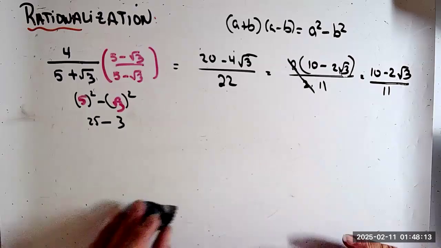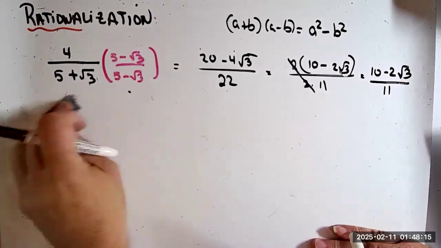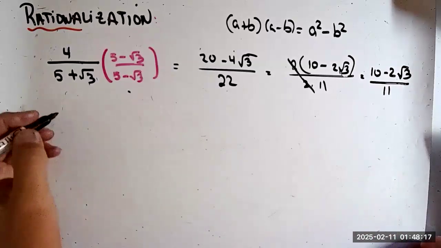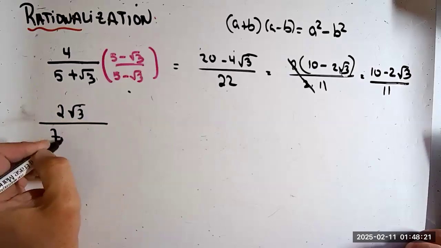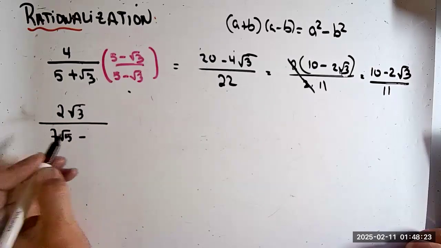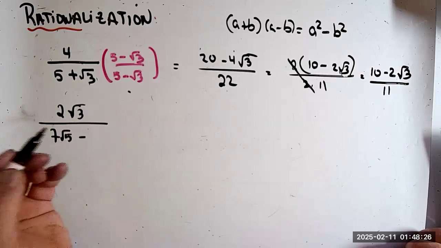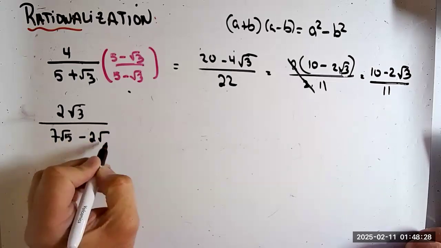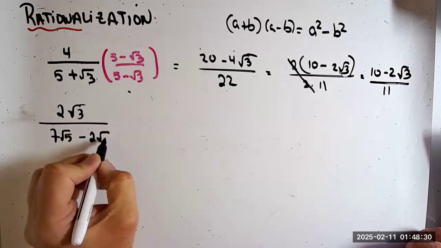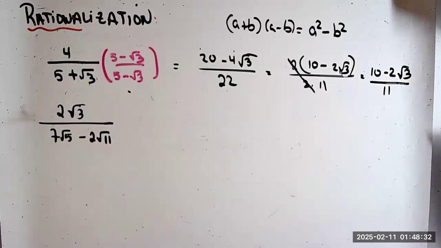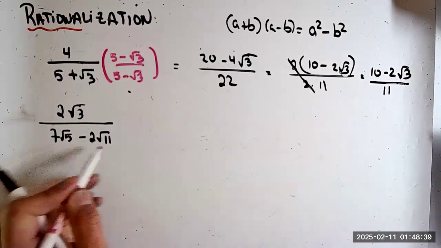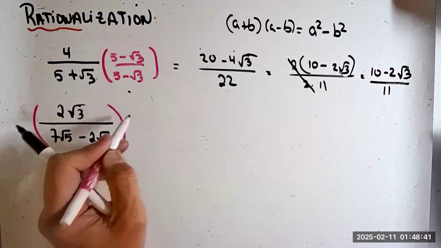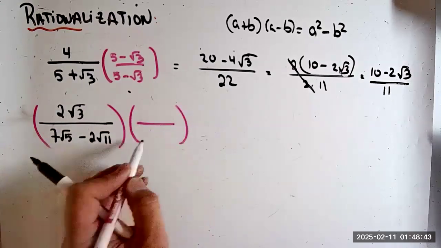Okay, let's try 2 more. Always multiply by the conjugate so we can get rid of those radicals from the denominator.